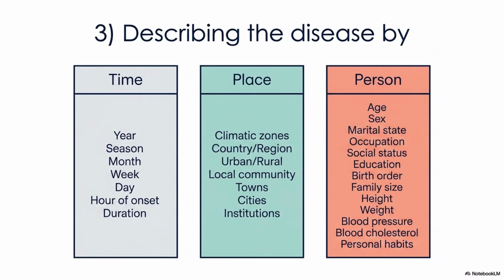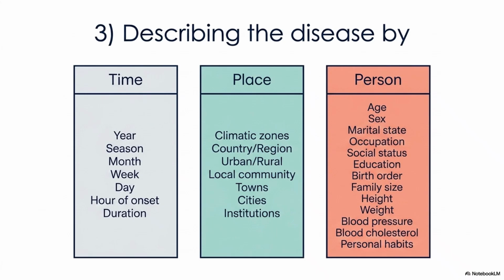And the third one is person distribution. Person distribution means the diseased persons. So age distribution: in which age the particular disease is common, whether in childhood, adolescence, adulthood or old age, and which gender it is affecting more, whether males or females are more affected. Marital status, like whether married or unmarried people are more affected.